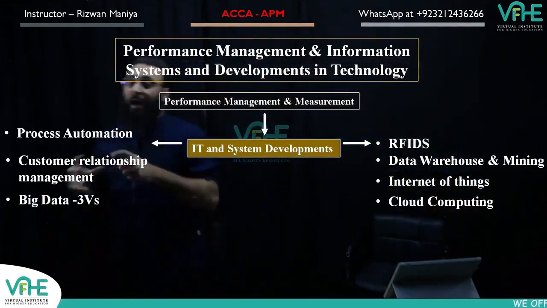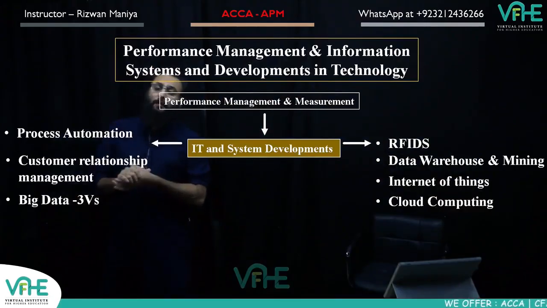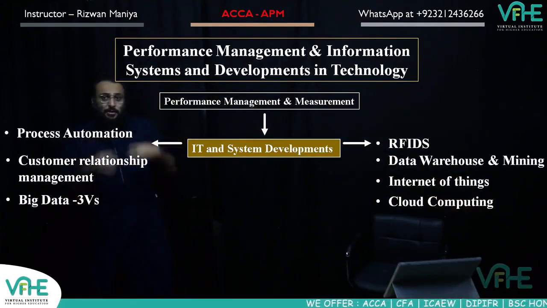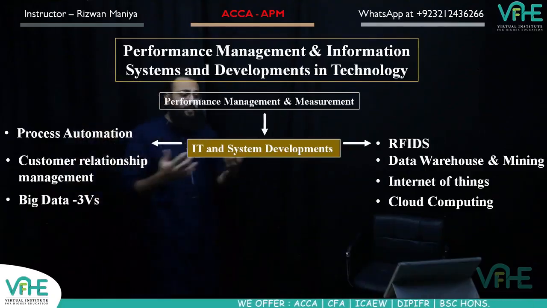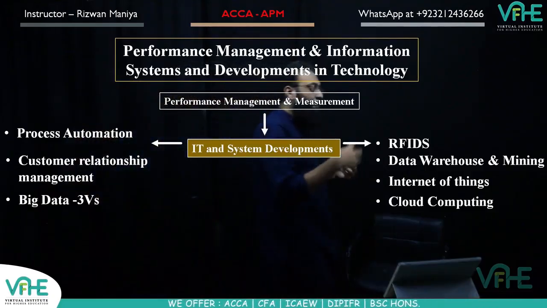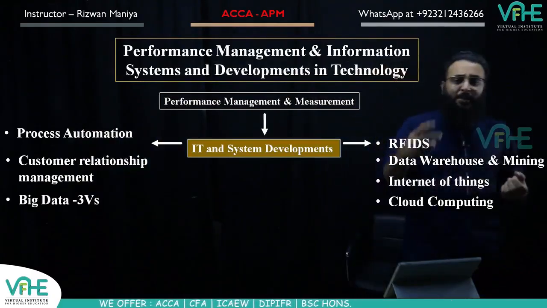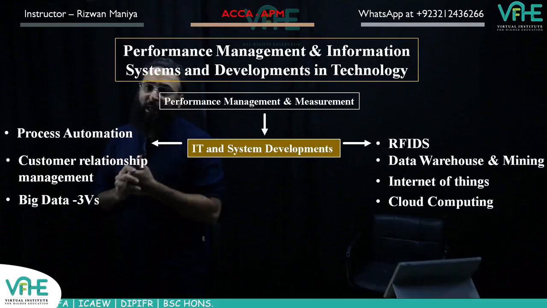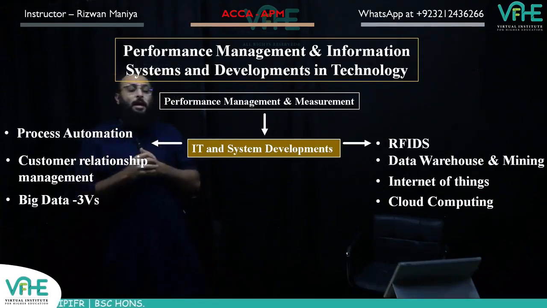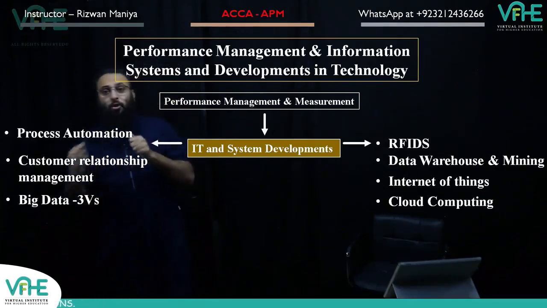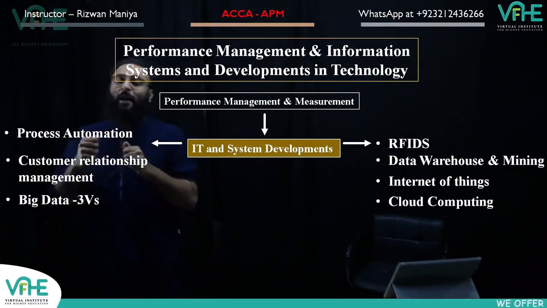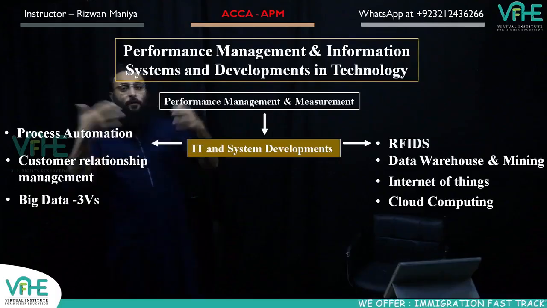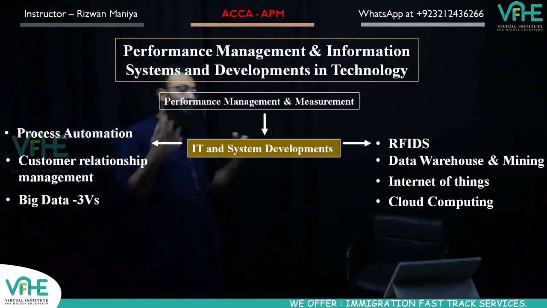Then velocity: how quickly we use the data for decision making. Like I always give a very common example. Even today you can test it: open a mobile application like booking.com and search for rooms or apartments if you want to go somewhere later on for a foreign trip or vacation.